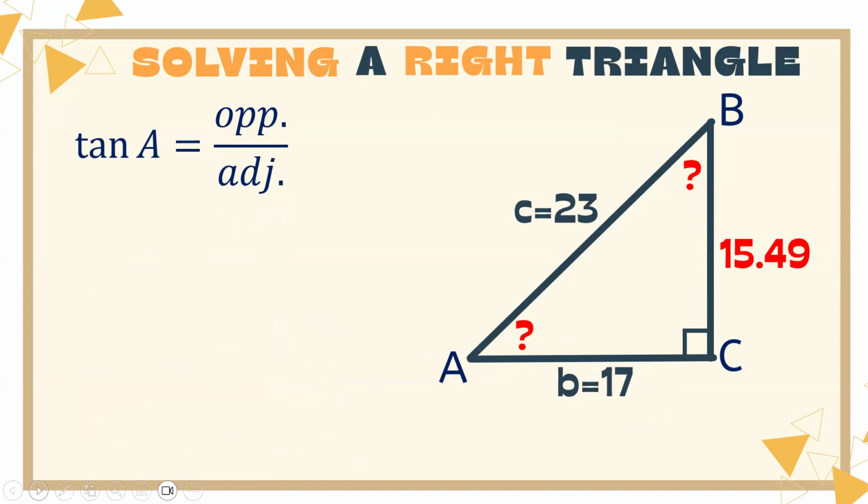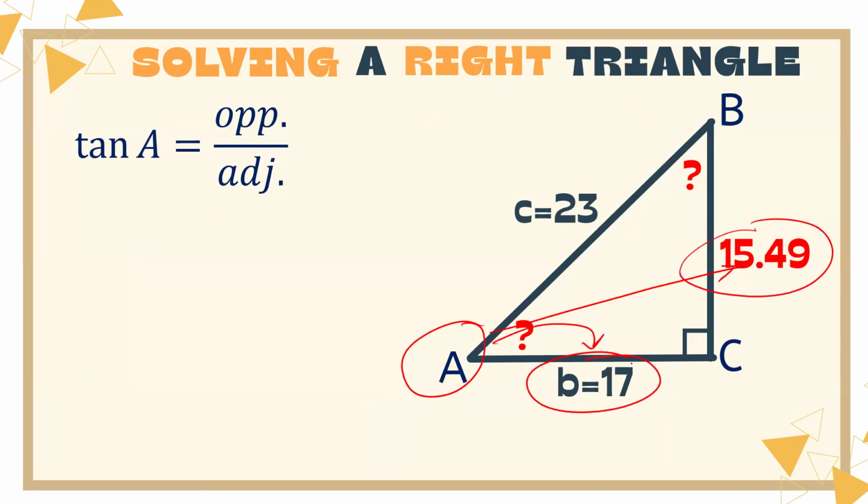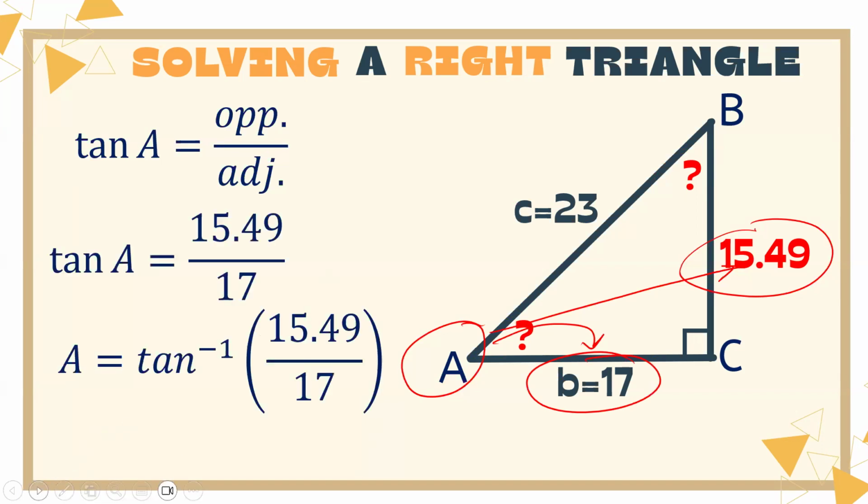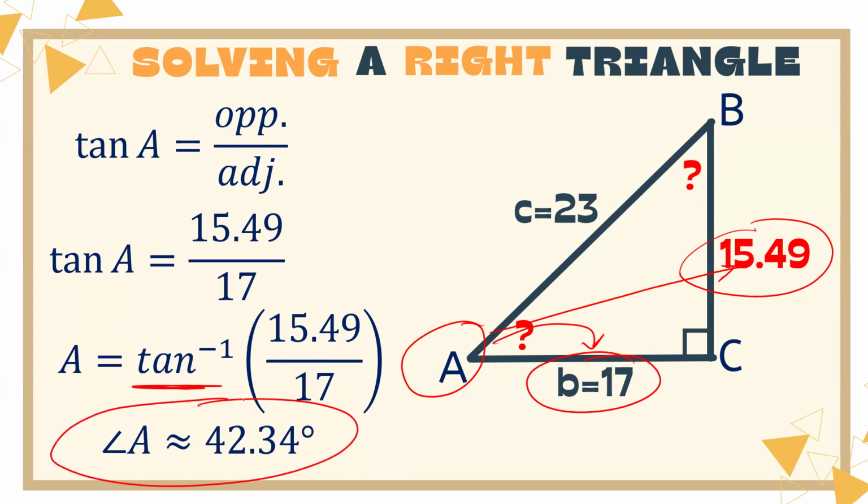Now, let's use tangent. Tangent is opposite over adjacent. So this is angle A. Opposite side is 15.49. Adjacent side is 17. So substituting that, 15.49 over 17. Then same, click shift tan. So you get tangent -1 of 15.49 over 17. You should still get 42.34 degrees.